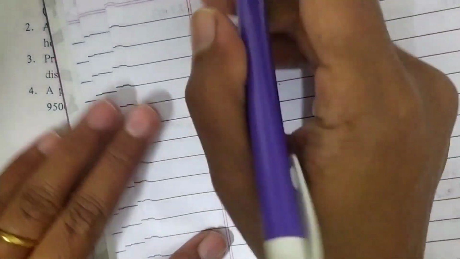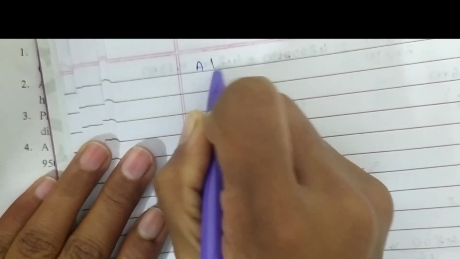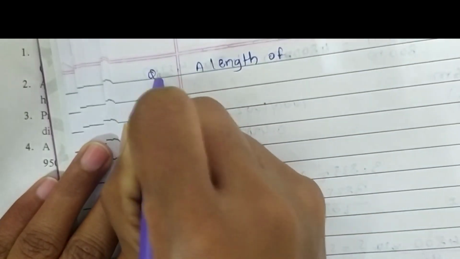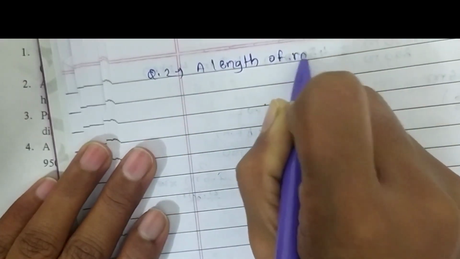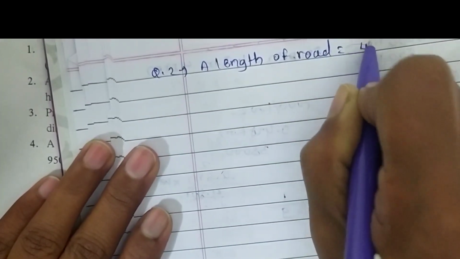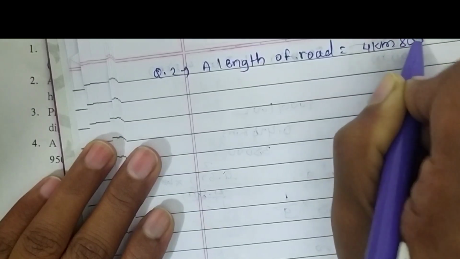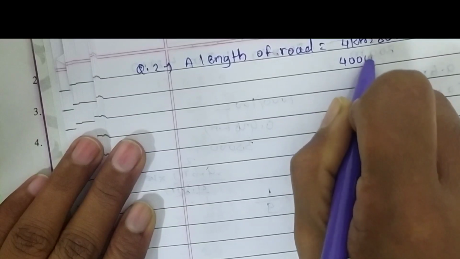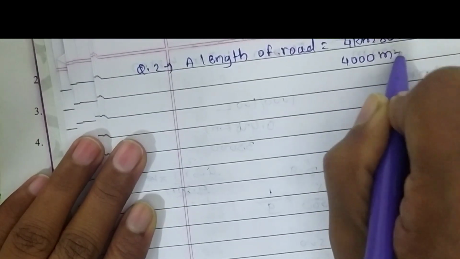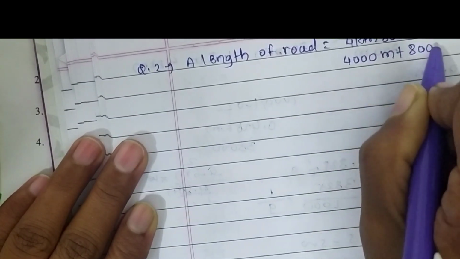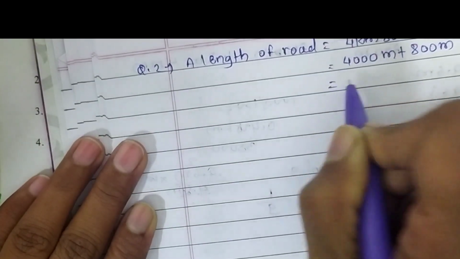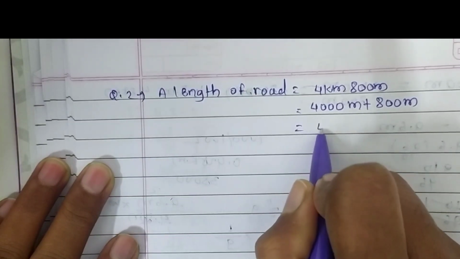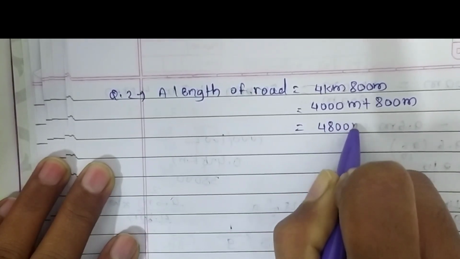The length of the road is 4 km 800 meter, which means 4000 meter plus 800 meter. So it's 4800 meter.